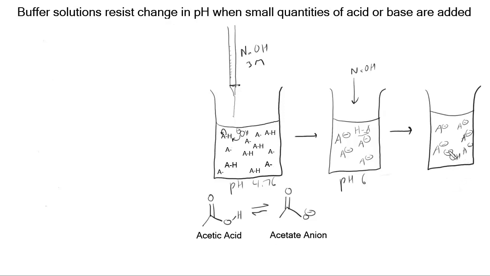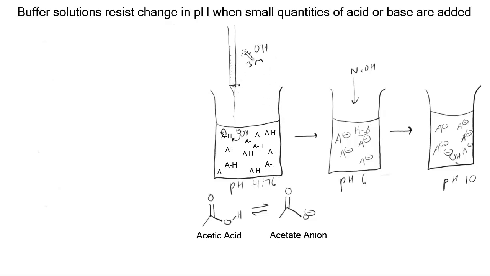Once we get to the point where we are accumulating quite a bit of hydroxide anion, our pH is going to jump significantly. So in this case, our pH is going to be quite a bit higher. Let's say at this point, with just a couple hydroxide anions floating around in solution, we have a pH of about 10. We've shown an example where the buffer solution resisted a significant change in pH when a strong base was added.